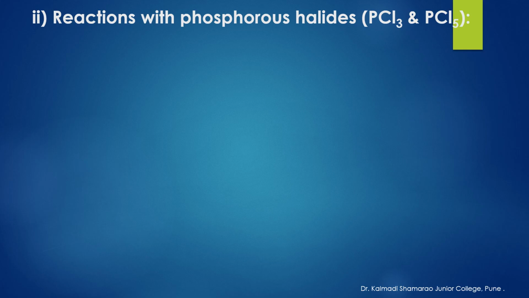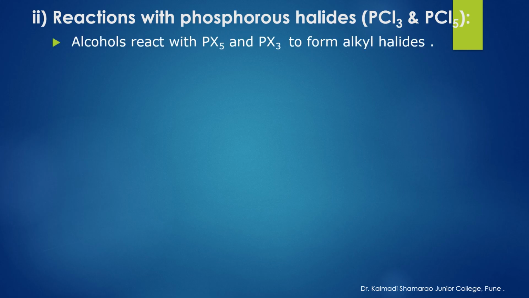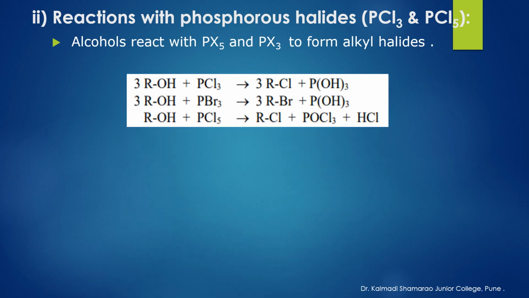Second, reactions with phosphorus halides, that is PCl3 and PCl5. Alcohols react with phosphorus pentahalides and phosphorus trihalides to form alkyl halides. General reaction.